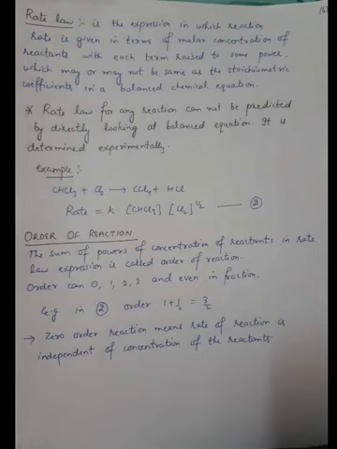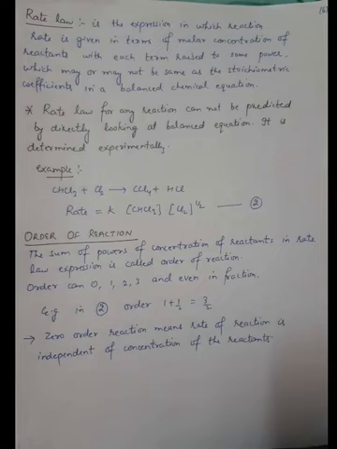Because rate law is experimentally verified, the powers can alter. So rate law cannot be predicted by directly looking at the balanced equation, but law of mass action can be predicted because rate law is experimentally verified and law of mass action is theoretically based.